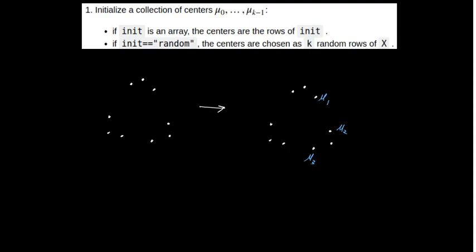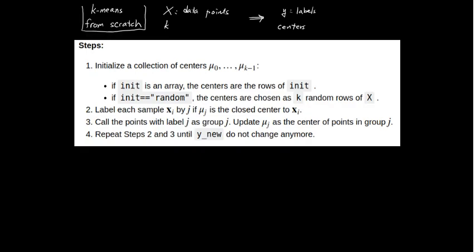Now let's move on to the third step. While I'm copying, you will see that it says to call the points with the label J as group J. Now you have group 1, group 2, and group 3.